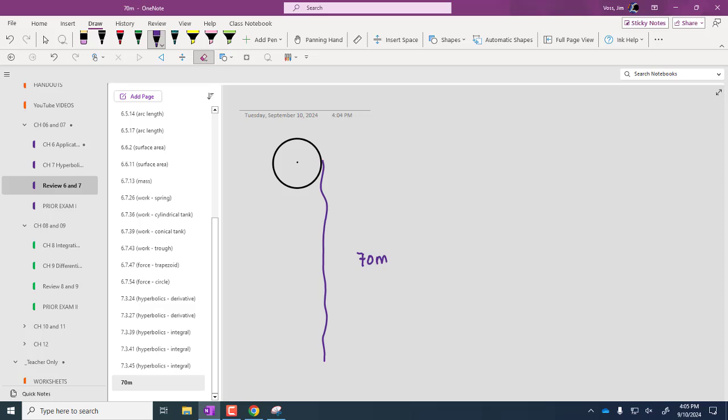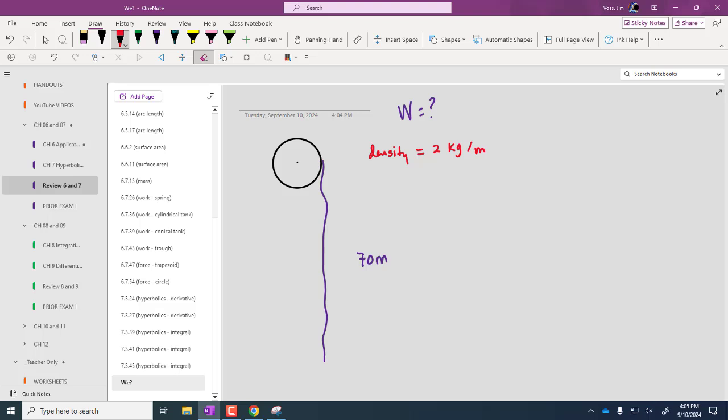What's the density of the cable? So we're treating the cable as a one-dimensional object. So we're going to say that the density is a 1D density, 2 kilograms per meter.